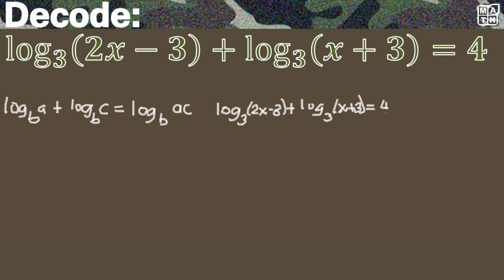The entire expression on your left hand side can be rewritten into one logarithm, and you'll be multiplying the binomial expressions, in this case 2x minus 3 and x plus 3. And this would be on the same base 3, which is still equal to 4. That is what will happen first, since we have the addition of two logarithms of the same base.